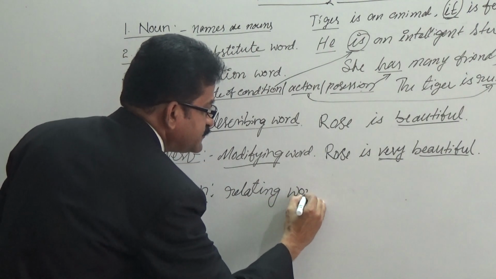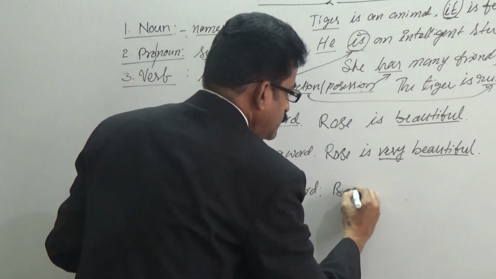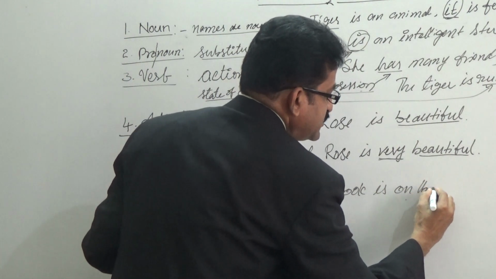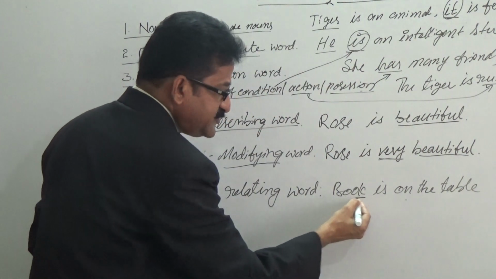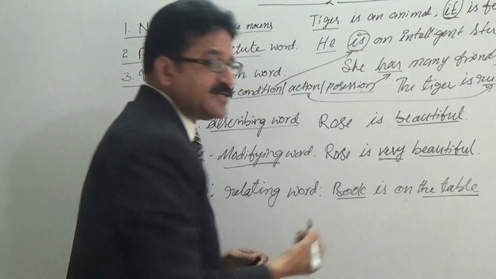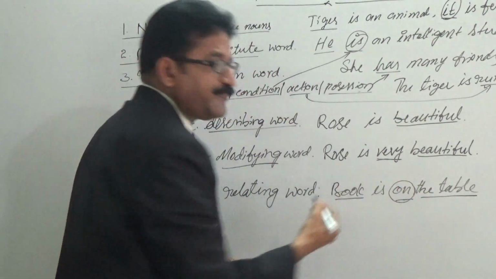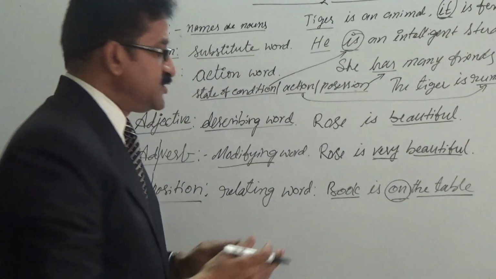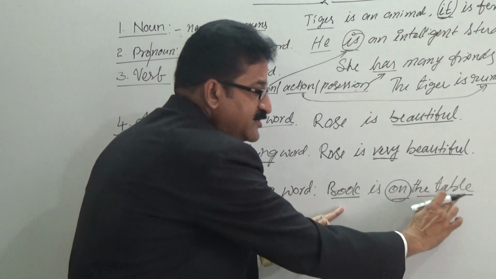For example, the book is on the table. Here the subject is the book, and table is another noun. Here we use "on" before the noun, so it relates the subject and this noun.